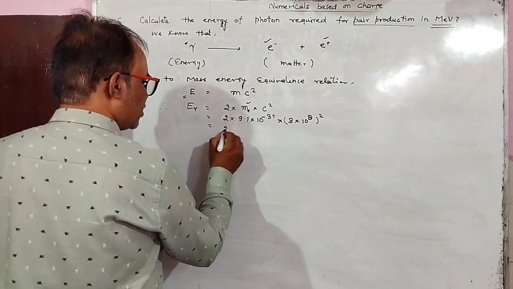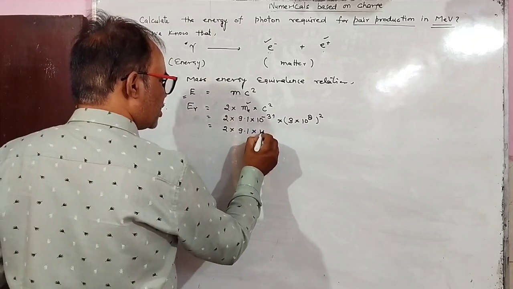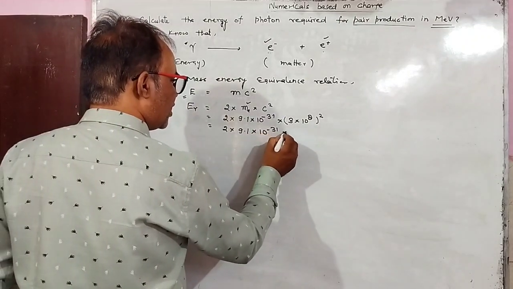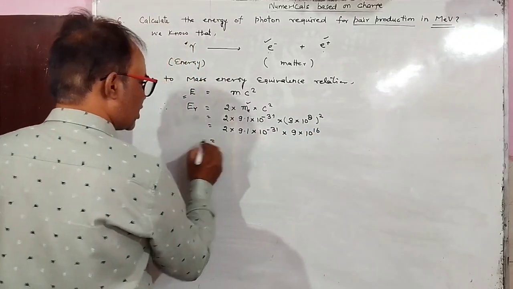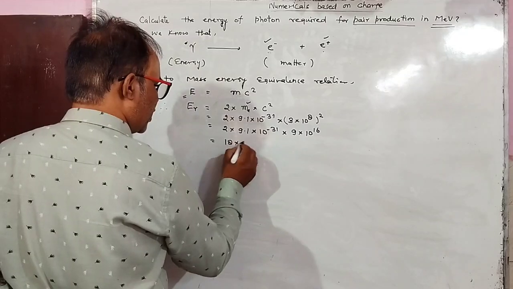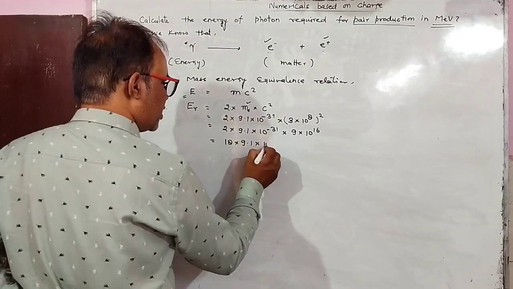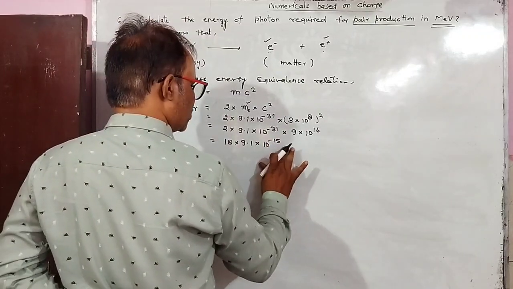That gives 2 into 9.1 into 10 to the power minus 31 into 9 into 10 to the power 16. Further solving, we shall have 18 into 9.1 into 10 to the power minus 15 joule.